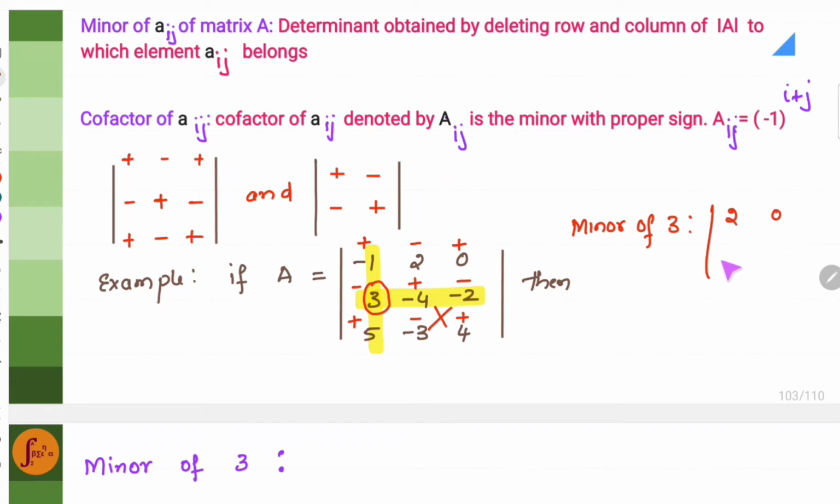These are the elements that we have. Now we calculate the determinant, that is we cross multiply. Nothing but 2 into 4 minus 3 into 0. This is how we calculate determinant, correct? So 2 4s are 8 minus 0. So we get 8. So 8 is nothing but the minor of this element 3.